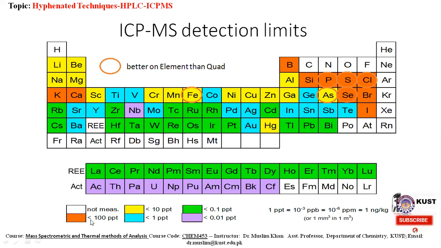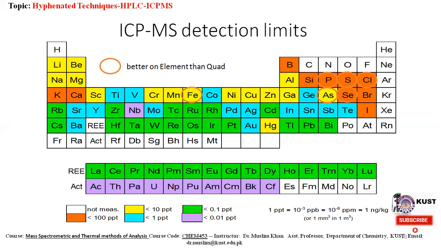With this color, the limit is less than 100 ppt, parts per trillion, like these elements. With this yellow one, it is less than 10 ppt, this one is less than 1 ppt, the green one is less than 0.1 ppt, and this one is less than 0.01 ppt. So overall you can see how low a limit of detection can be achieved with the ICPMS.